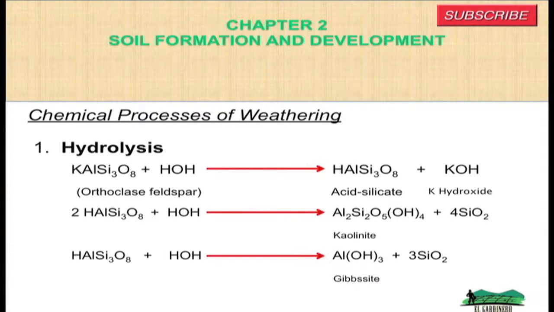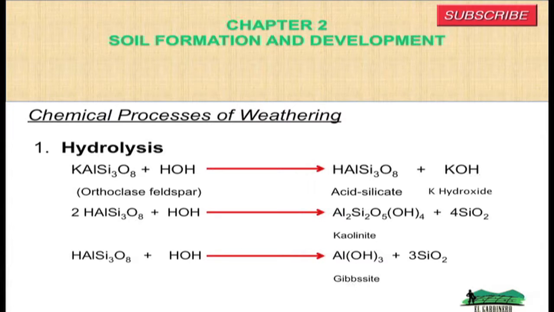We have different chemical processes of weathering. The first one is hydrolysis, and it concerns the chemical structure of the soil. And we have the mineral potassium aluminosilicate, and then after hydrolysis you will have your acid silicate and then the potassium hydroxide.